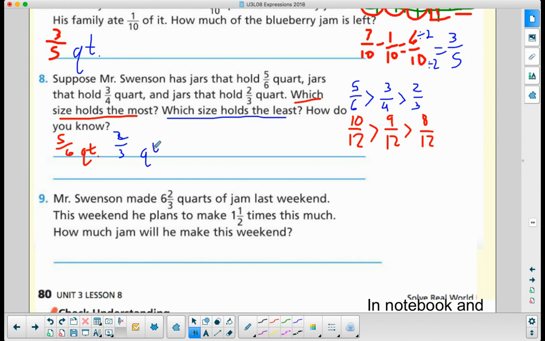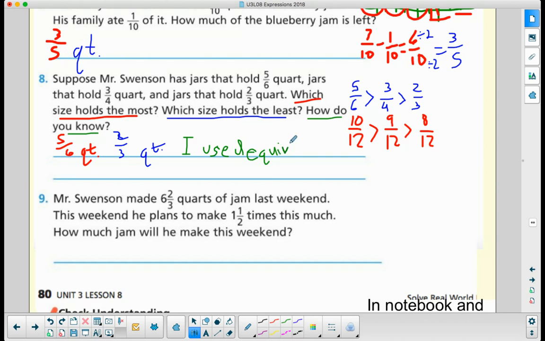And then finally, I have to answer the third question. How do you know? And how do I know is? To be sure, what I did is I used equivalent fractions. I'm going to just abbreviate equivalent to save you some time.